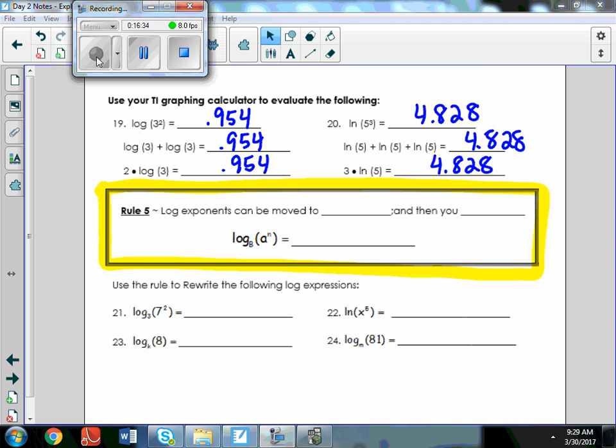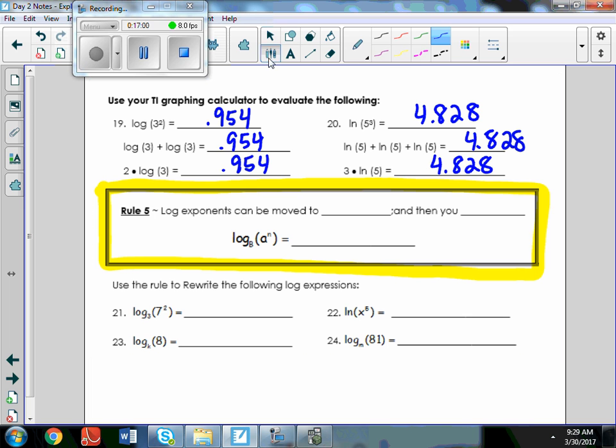Okay, so y'all had noticed when you ran your numbers that they're all the same. So let's think about this. Log of 3 squared just means log of 3 plus log of 3, because that's how I would unmultiply 3 squared. So you guys looked at that one already. That was a property that we already looked at.